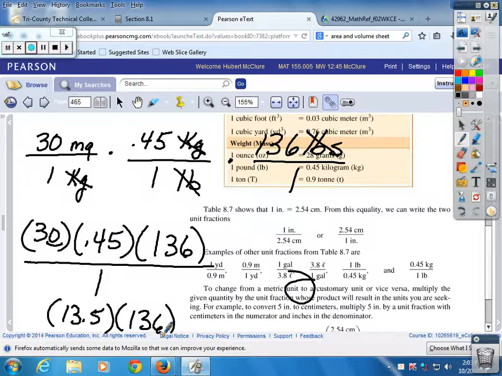136. Okay, 10% of 136 is 13.6. 1% would be 1.36. So 3 times 1.36 would be 4.08. 4.08 would be 140.